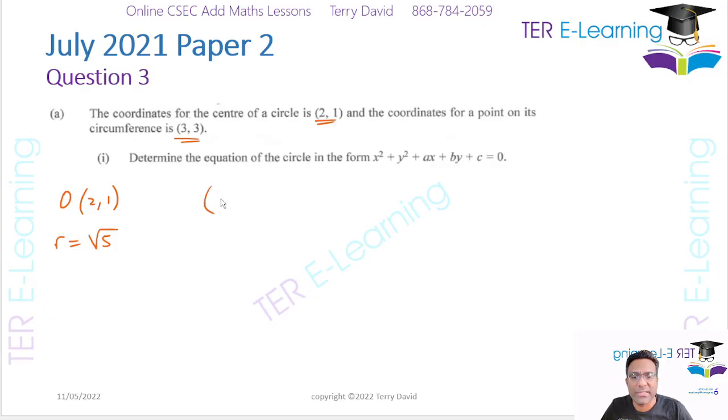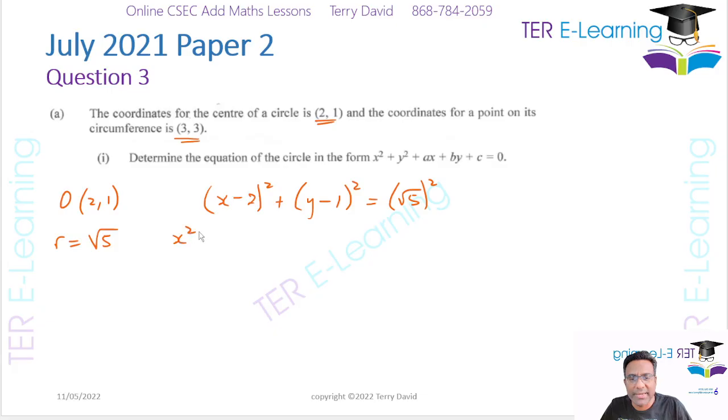So it can be written as (x minus 2) squared plus (y minus 1) squared is equal to your radius squared, which in this case here is going to be the square root of 5 squared. So let's expand this.